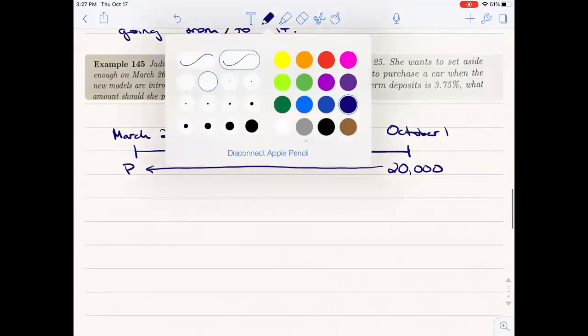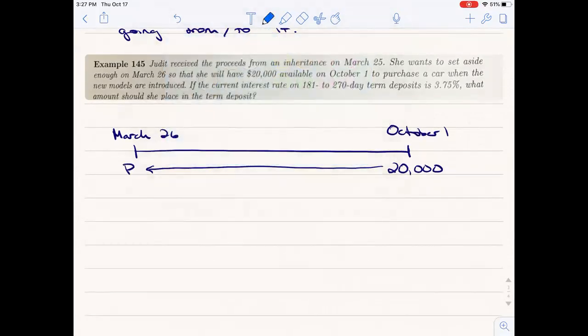Just as a little note, because this is our first timeline, probably, unless you do them in other courses. I don't think so. No, who needs them? This is our future value.